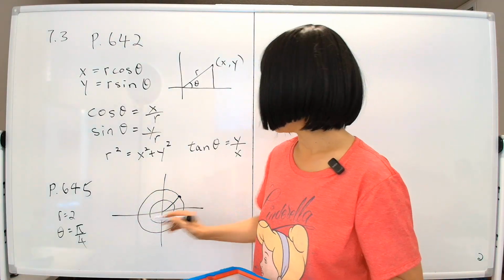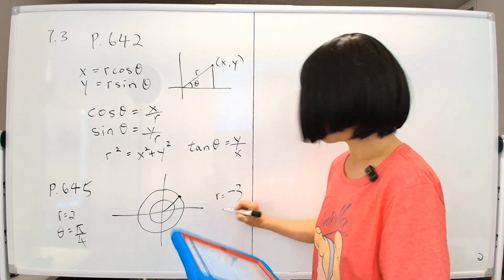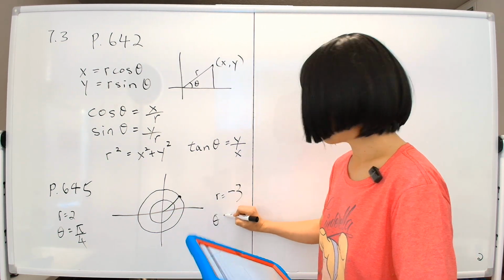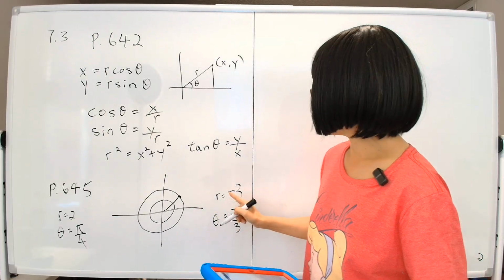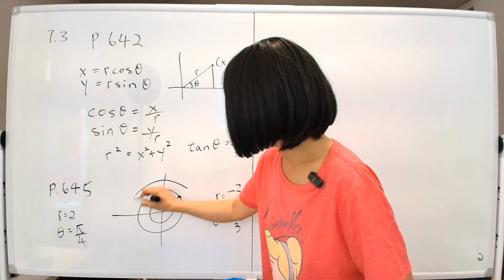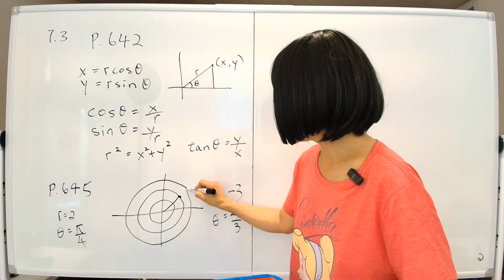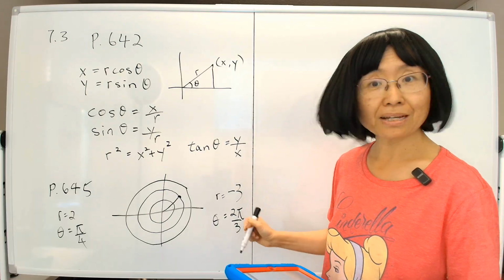At this point, minus 3 is still 3, so we'll draw the third circle, where the radius is 3. And then the angle is 2 pi over 3. But what's a minus 3 radius?